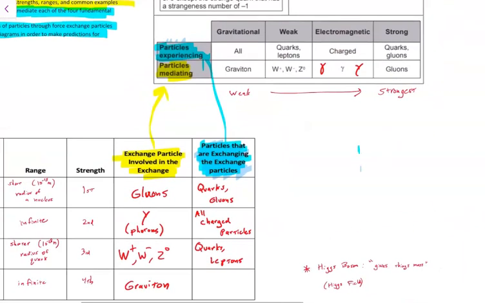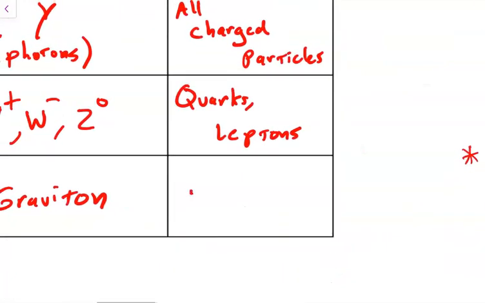And for the gravitational force, we're looking at all particles. So it might be strange, considering our lack of full understanding of the gravitational force, that all particles, including photons, which technically don't have mass, also are subject to a gravitational force.